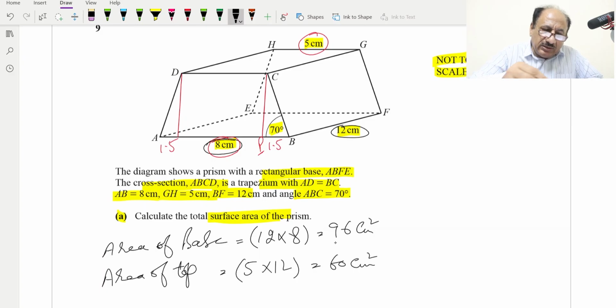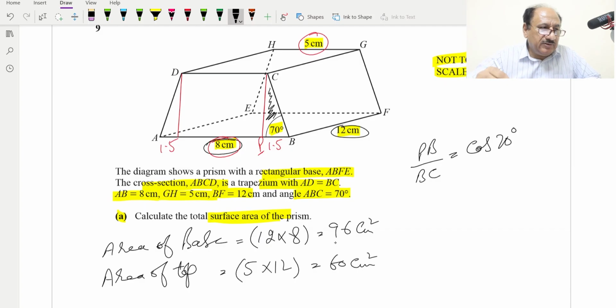So we can consider this triangle, and in this one PB over BC will be equal to cos of 70 degrees. Now PB is 1.5, so BC is equal to 1.5 over cos of 70 degrees.